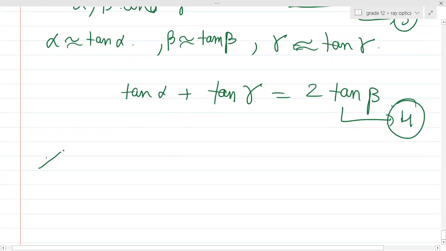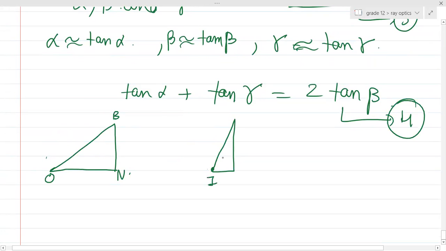And now see what exactly I'll do. I'm just taking 5 more minutes of yours. Guys, see these triangles OBN, IBN and CBN in those diagrams.